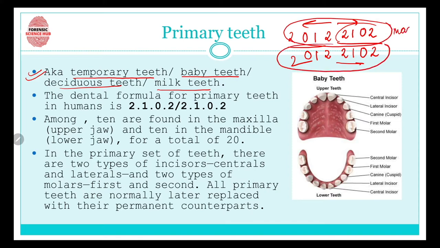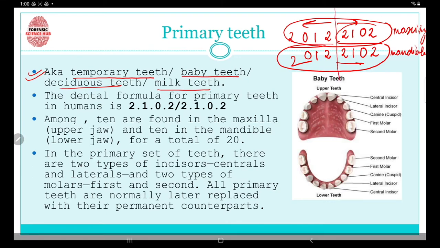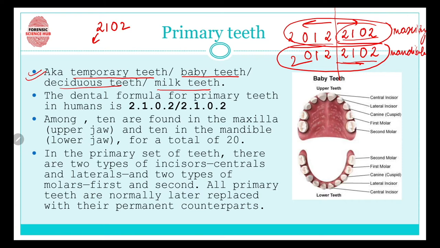That is, this is the maxillary teeth and this is the mandibular teeth. You can remember it for half the portion: 2102, 2102. In 2102, the first number denotes the incisors, the second number denotes the canines, the third denotes the premolars, and the fourth denotes the molars.